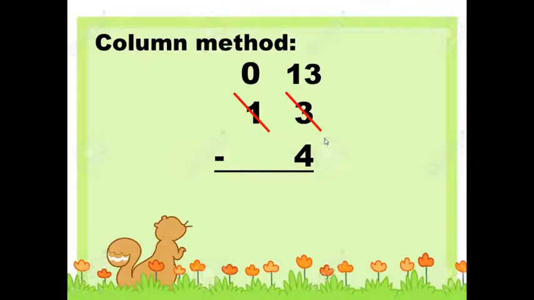We can use counting backward to get the correct answer. That is 9. Do we need to bring down the 0? No need, because there is no value with the 0. So the answer that we got in our 13 minus 4 is equal to 9. So meaning our answer is correct.